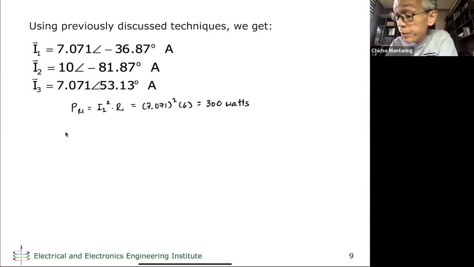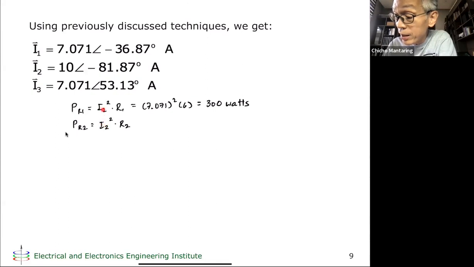I do the same thing. The power delivered to R2 is going to be the RMS value of I2 squared times R2. Again, very important: these are scalar quantities.